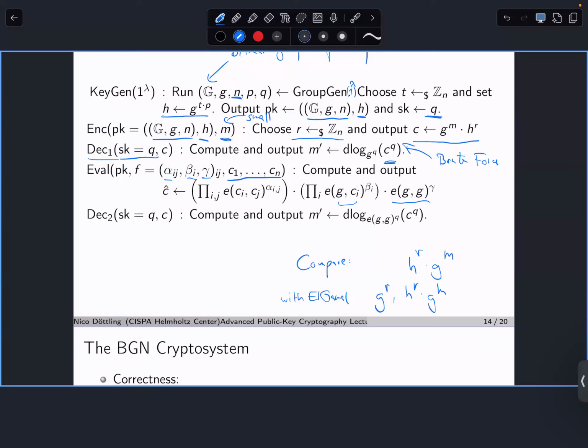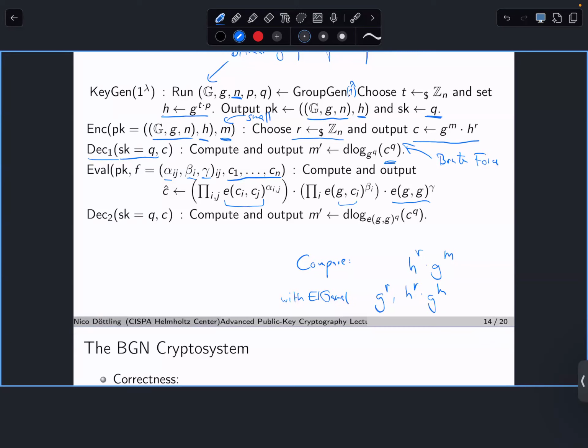And the magic, or the interesting thing, happens now here in the quadratic term. We just pair up the Ci's with the Cj's and raise it to the alpha ij, right? So again, here we just think of the pairing as allowing us to perform a multiplication of ciphertexts. This is exactly what's happening here. And that's really the natural thing one would expect here.